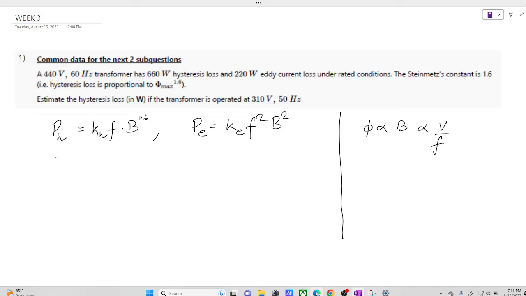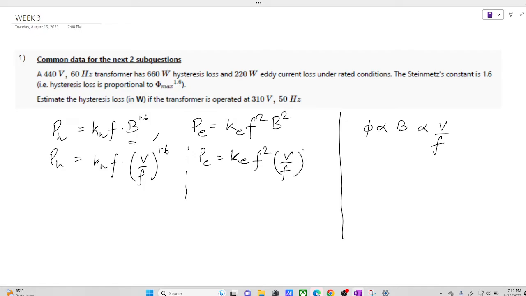So if we replace P_H as K_H F into V by F to the power 1.6, and P_eddy as K_E F squared into V by F whole squared, we will find the hysteresis loss in the initial first case, when the operating frequency is 60 hertz and the operating voltage is 440 volts.